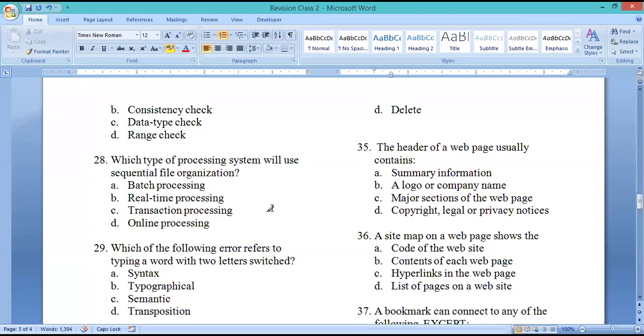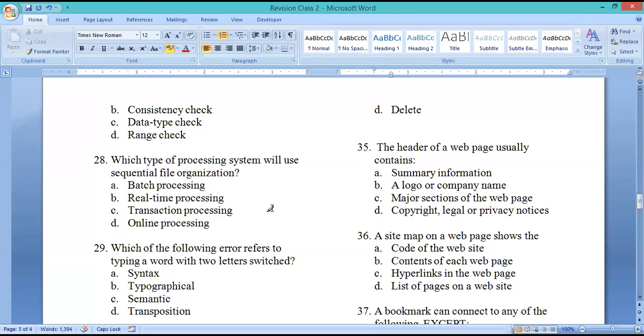Which one do you think would be sequential? Should it be batch processing? I wouldn't say batch, because remember batch uses clusters, uses groups, and then sends each group to be processed.